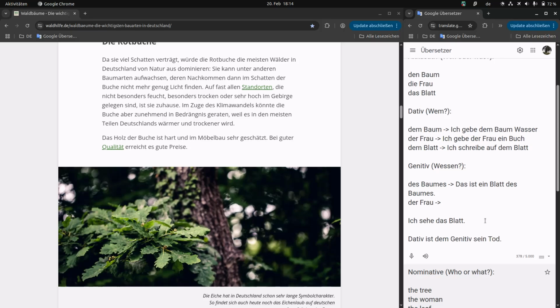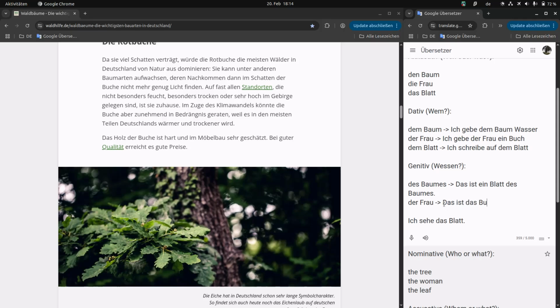Anyways, just Google dative, genitive, colloquial German, something like that, and it should be there. Die Frau, der Frau, die Frau, der Frau, so das ist das Buch der Frau.